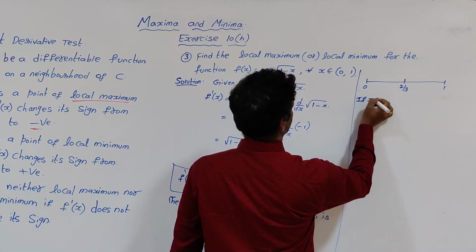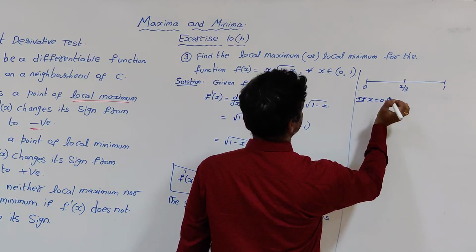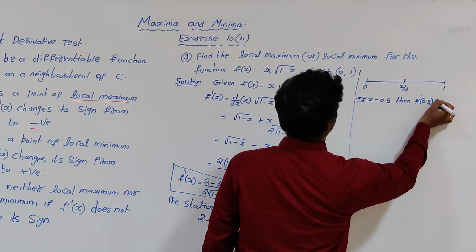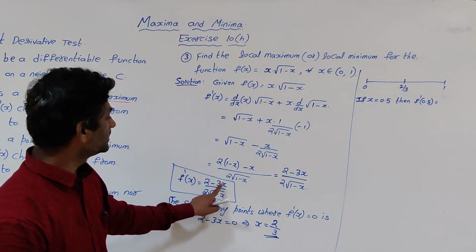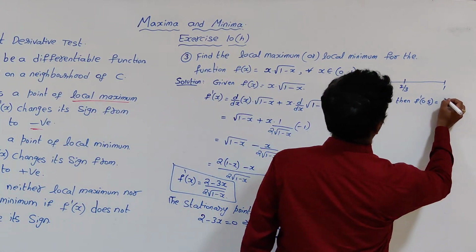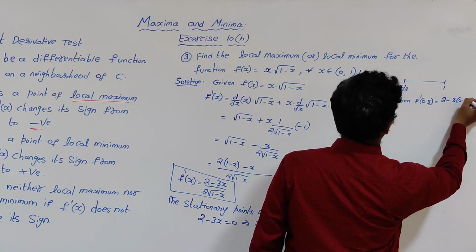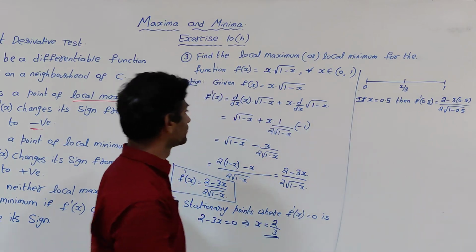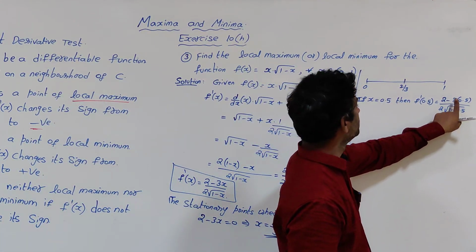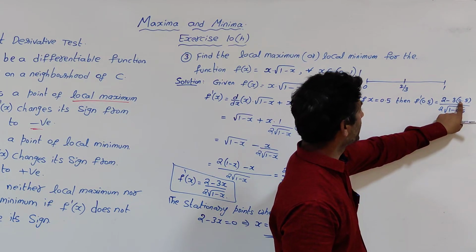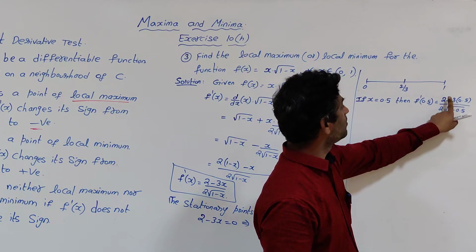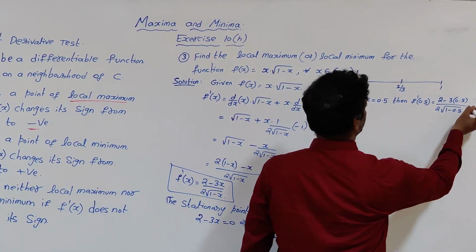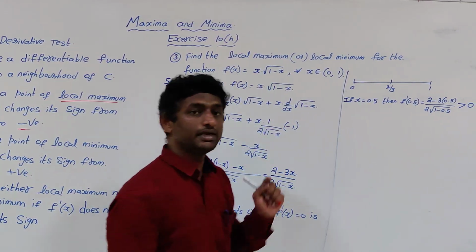If x is equal to 0.5, then f dash of 0.5 will be 2 minus 3 into 0.5 by 2 times under root of 1 minus 0.5. 1 minus 0.5 is 0.5. 3 into 0.5 is 1.5. 2 minus 1.5 is 0.5. So 0.5 by 2 into under root of 0.5 will be greater than 0, which means it is a positive value.